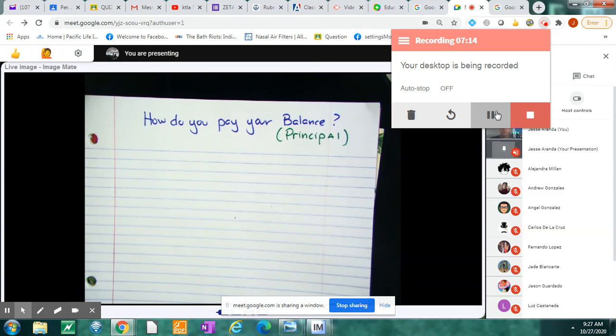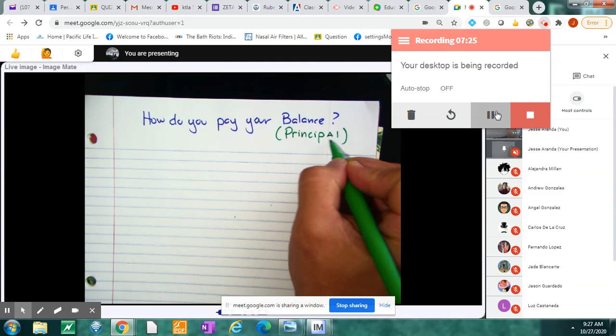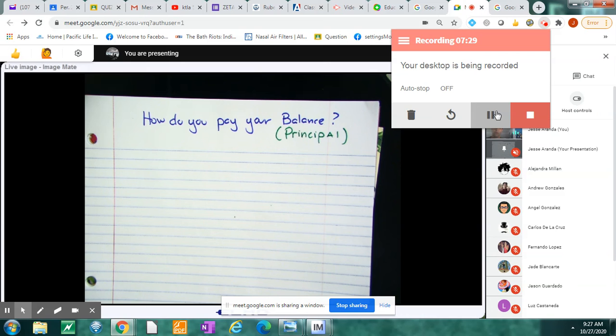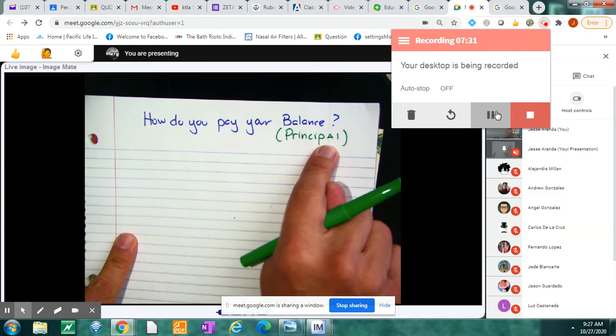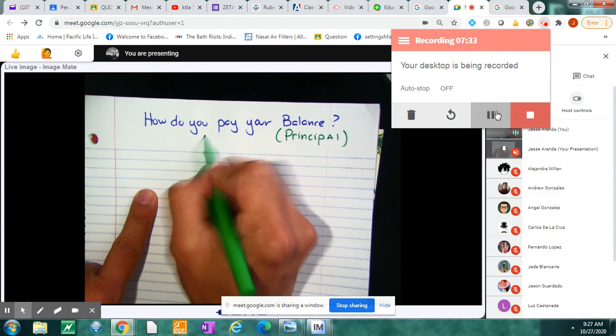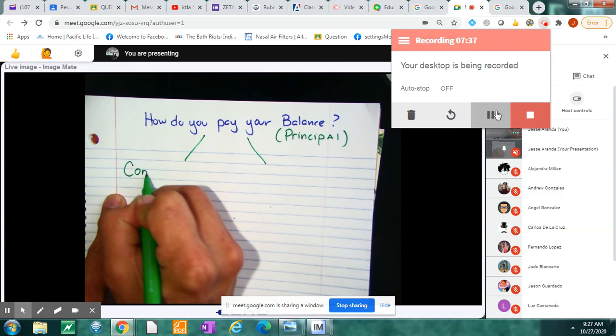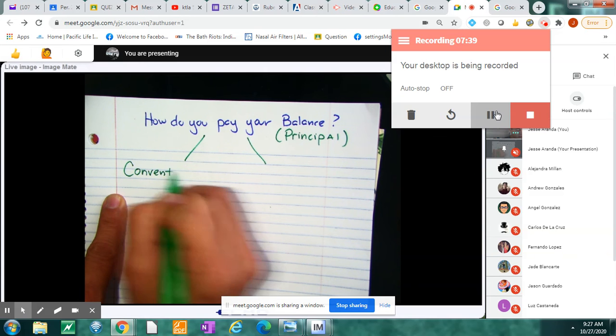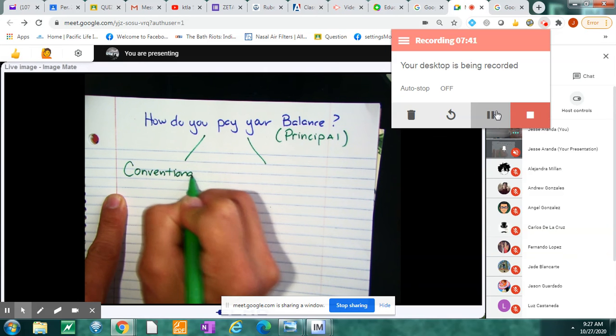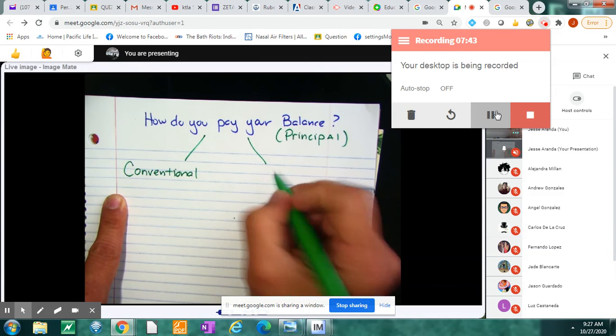So basically, what's your balance as of now? Remember that. There are two types of loan to pay your principal. You remember those? One starts with a C, the conventional, and then there's the FHA.